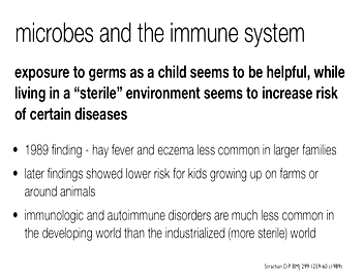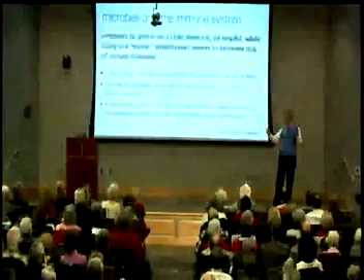And then another study looking specifically at the nation of Ghana, as Ghana went from a developing nation to a more developed nation, and as hygiene improved and water quality improved and houses had floors that you could clean rather than dirt floors, found that as the nation became more industrialized and presumably more hygienic, immunologic and autoimmune disorders, things like lupus and type 1 diabetes, increased as the nation became more developed.